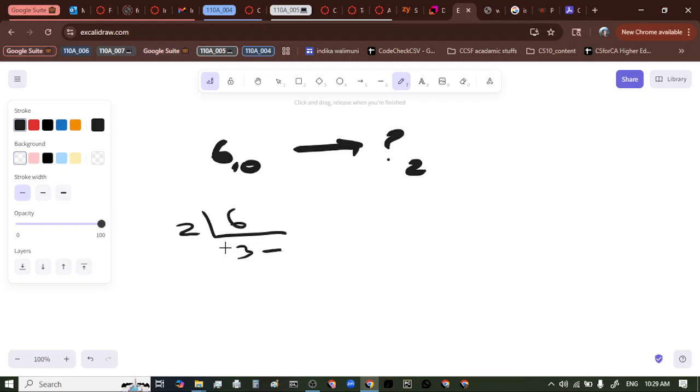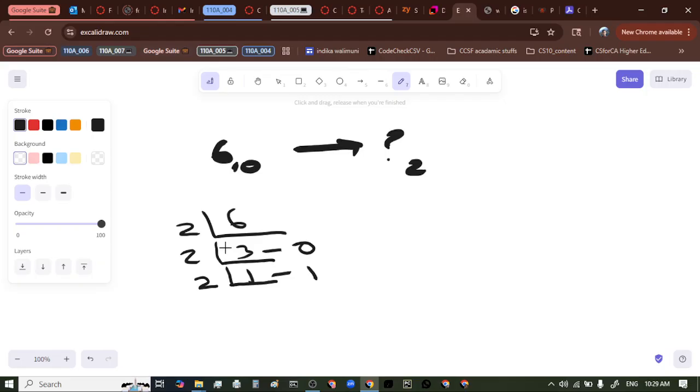Okay. All right. So we're going to keep doing this. That's why we call this repeated division. We keep dividing by 2. So 2 again, and it's 1, 2 in 3. What's left is 1. We keep dividing until we reach 0 over here.